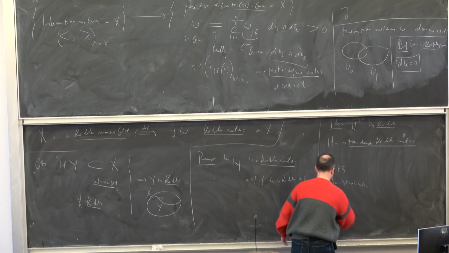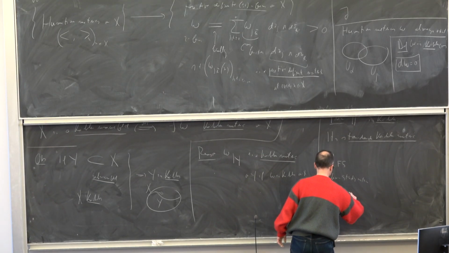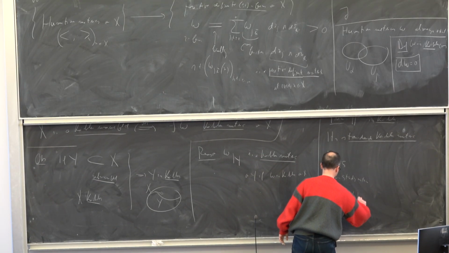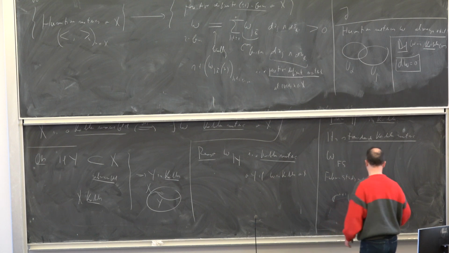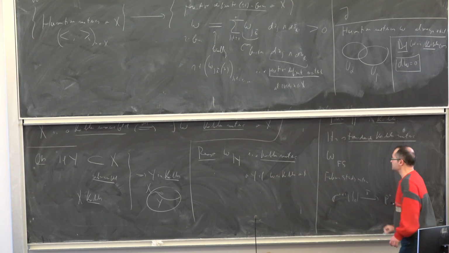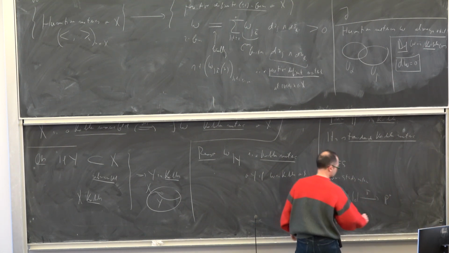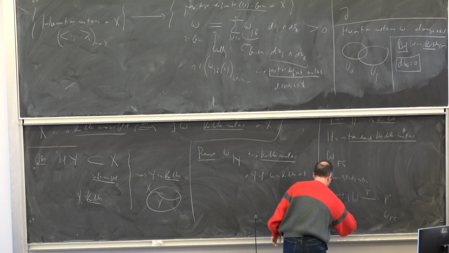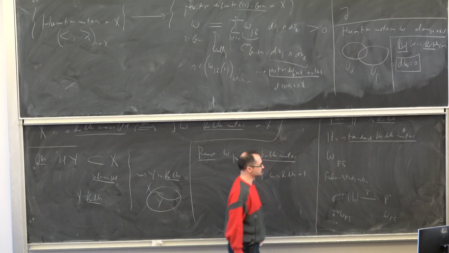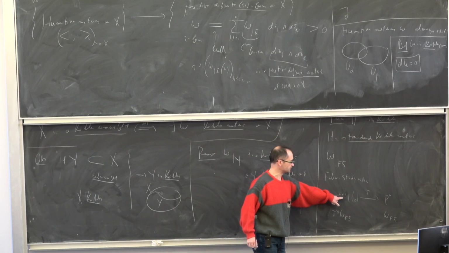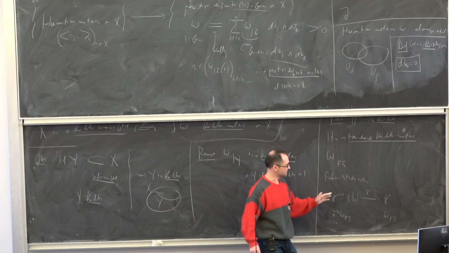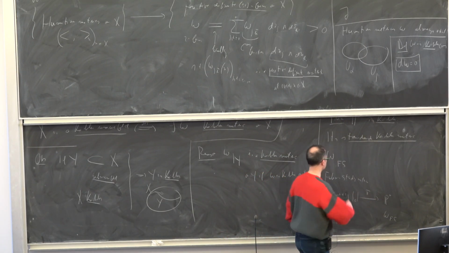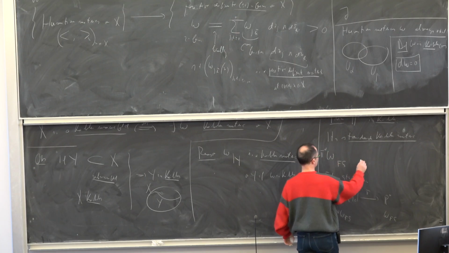Recall that Pn is the quotient of C^(n+1) minus 0. So it's actually easier to give the inverse image of this Fubini-Study metric on Pn on C^(n+1). So we actually define it upstairs, and then it passes to the quotient. I'm going to define it upstairs because it's easier to write.